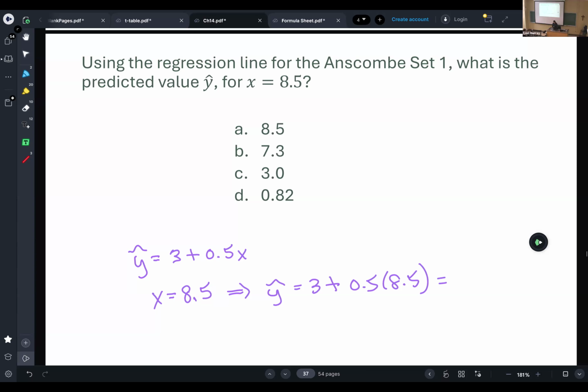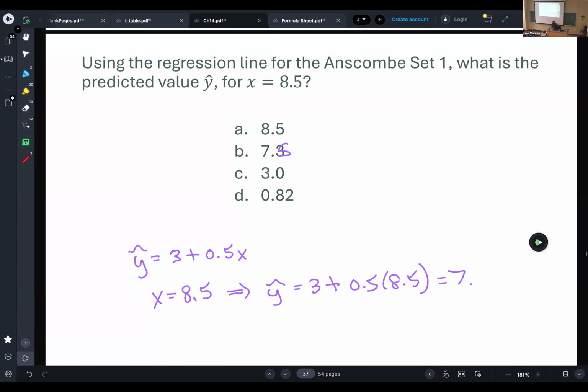So 3 plus 0.5 times 8.5, what do you get? I get none of these. Do you get any of these? I don't know where these came from. But if you had to pick, we probably have a bit of rounding, so it ends up being 7.5, I believe. I got 7.25.